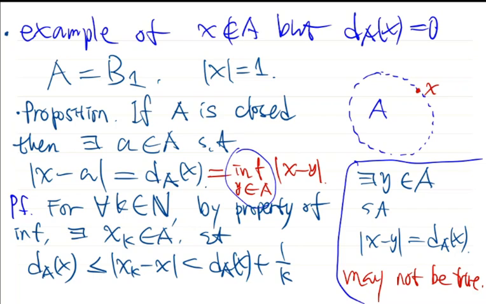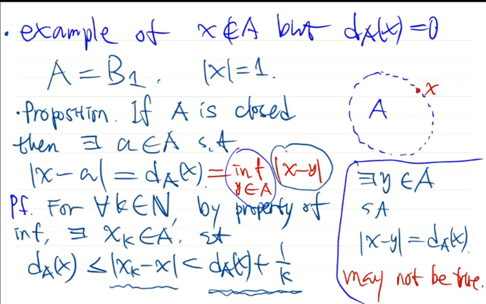Increase it a little, and it is not a lower bound anymore. Therefore, the set where we take the infimum will contain an element less than this number, because this number is not a lower bound. So for every k, we can take an xk here.